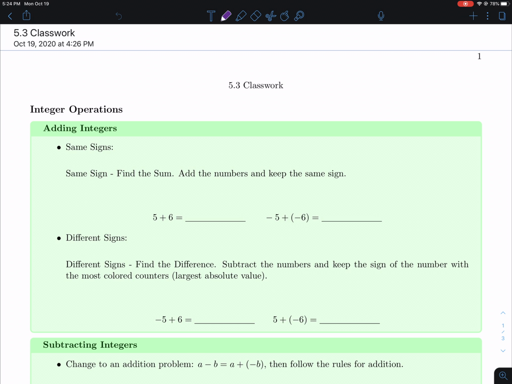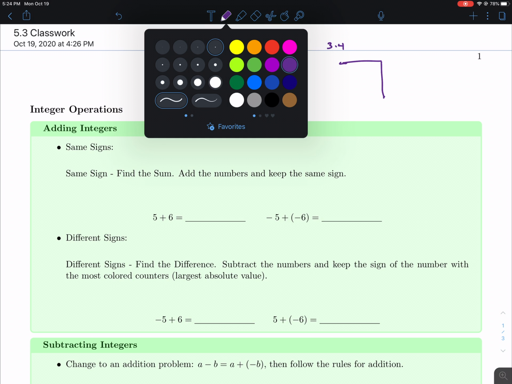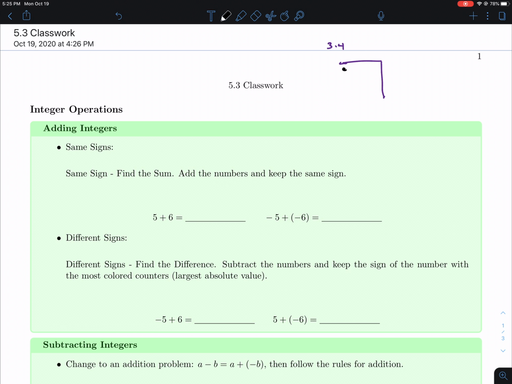But if you wanted to multiply, say, 3 times 4 using colored counters, the easiest way to do this is to think of it in terms of an array. Since these are both positive, we would use all blacks.